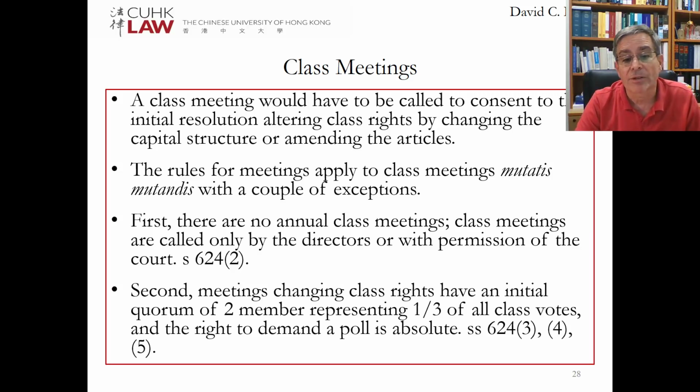And then meetings changing class rights have an initial quorum of 2 members representing 1/3 of all class votes, and the right to demand a poll is absolute. And so class meetings will generally be in an occasion where there has been a meeting by the company to alter the rights of the class, and the class is asked to consent to this.